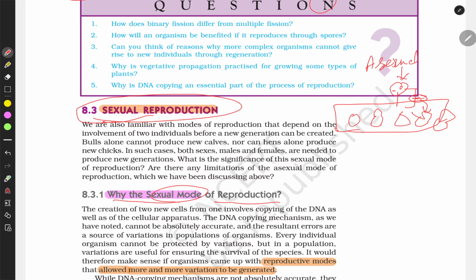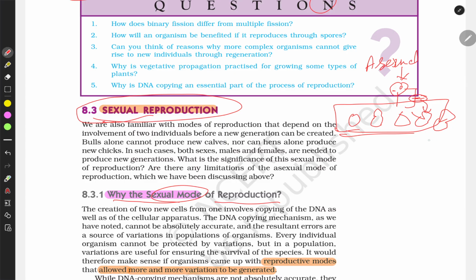The temperature and everything should be different in them, and this can only be attained by getting a lot of variation in them. So DNA copying alone does not provide enough variation.